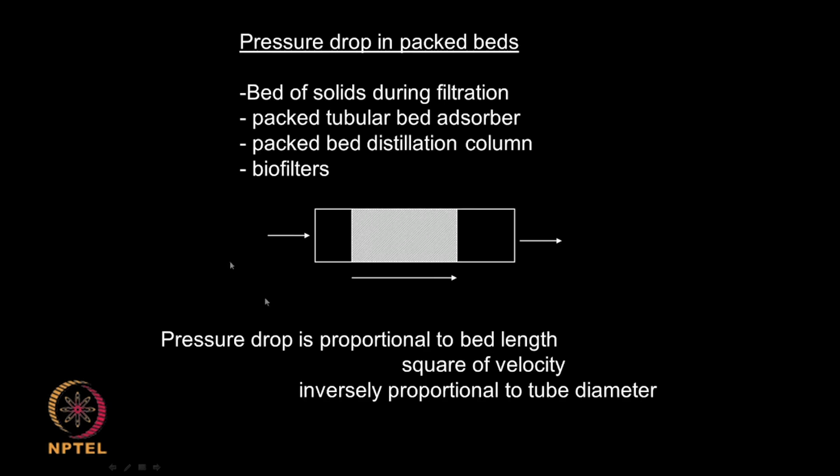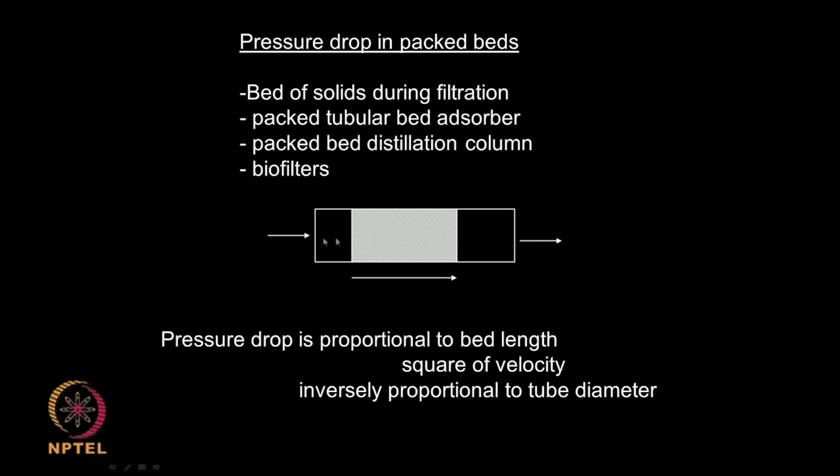The pressure drop also we can calculate, because if you have a packed adsorber, you are going to pump in some liquid or gas here, and it has to overcome this entire bed. So, the pressure drop will be sufficient to overcome the entire bed, so that the liquid or gas flows out on the other side.